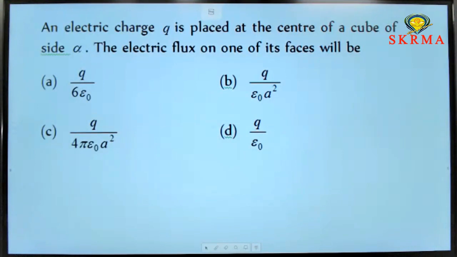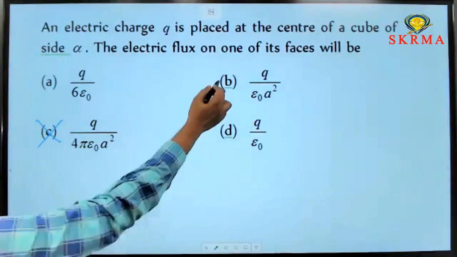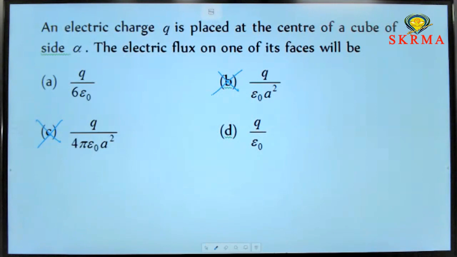One face. What is the formula? Flux passing through one face. So here, area concept is not there, and Q by epsilon naught only. So we can remove these two options, because only the Q by epsilon naught term is there, no area term or 4 pi term.